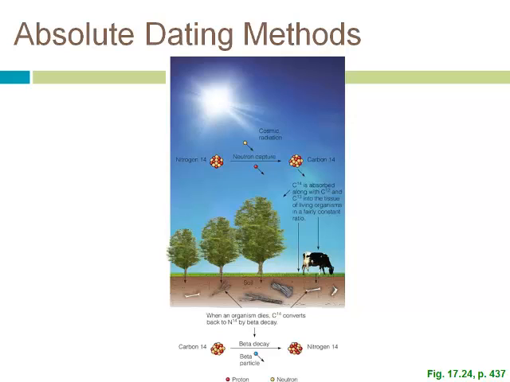And then, of course, just like I said, we can use absolute dating methods for carbon-14, and that's where we use the half-life of carbon-14, which is 5,730 years for one half-life.